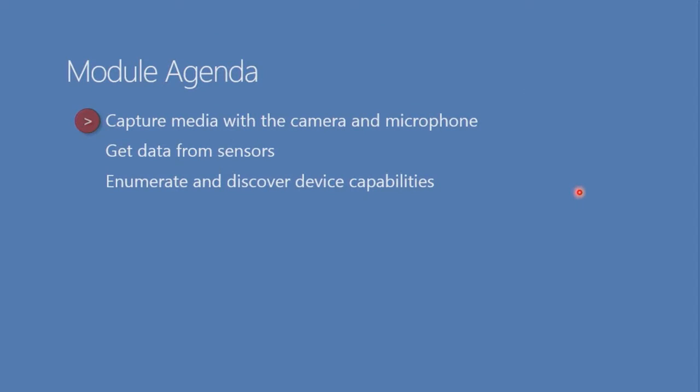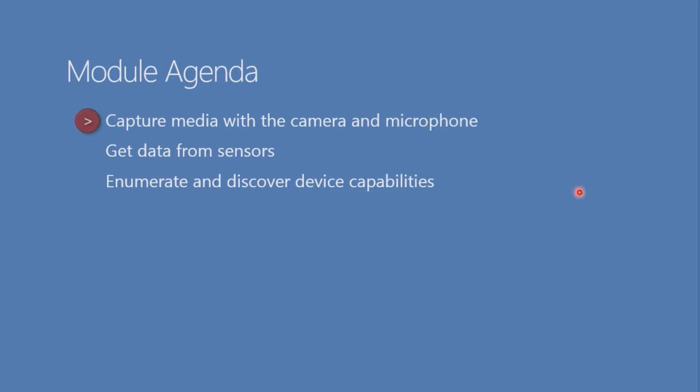So here's an overview of what we're going to talk about in this module. The first thing we're going to hit is probably the devices that are really popular to use, and that is the camera and microphone. It's a media world, and we want to check that our device has a webcam, and use it to capture either video or still pictures.